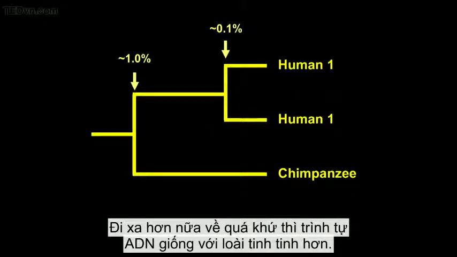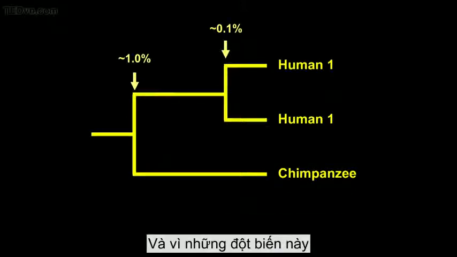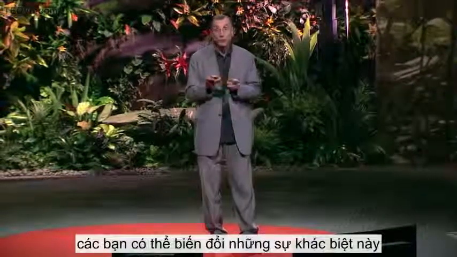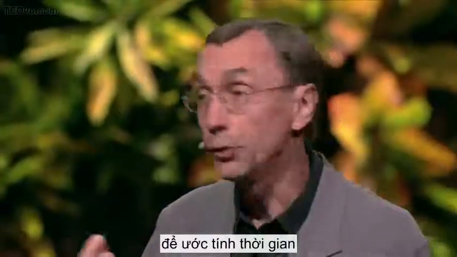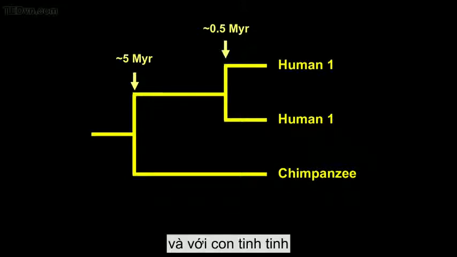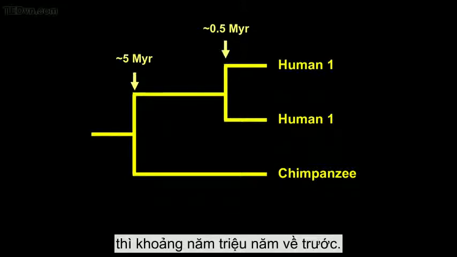Further back there is one shared with the chimpanzees. And because these mutations happen approximately as a function of time, you can transform these differences to estimates of time, where the 2 humans typically will share a common ancestor about 500,000 years ago, and with the chimpanzees it will be in the order of 5 million years ago.